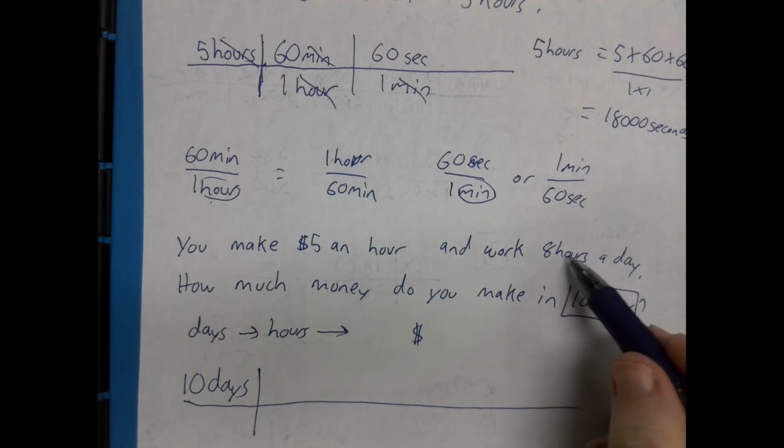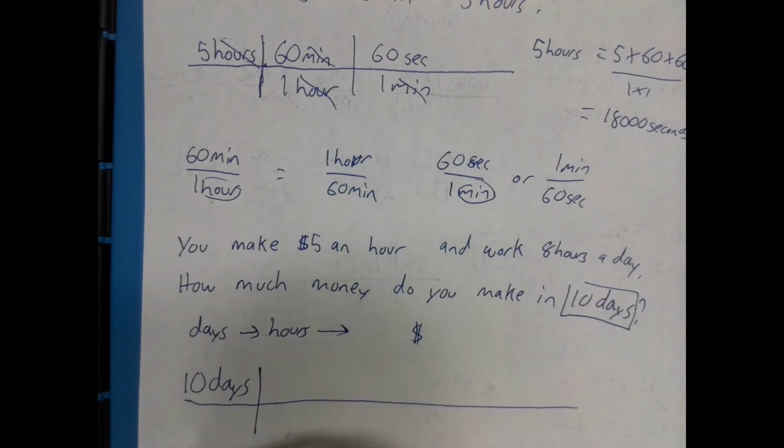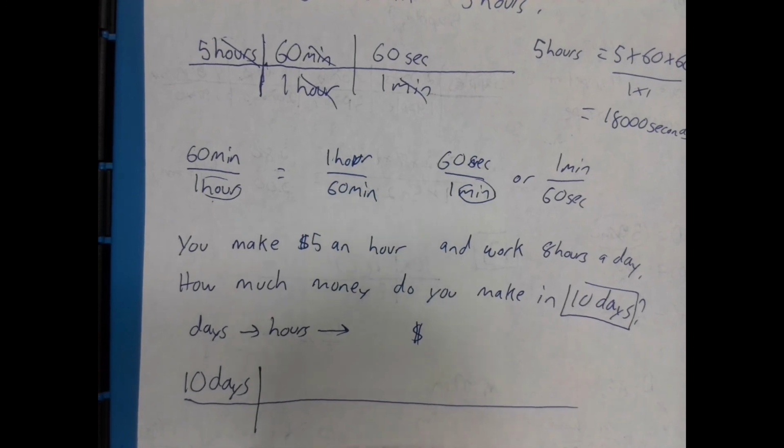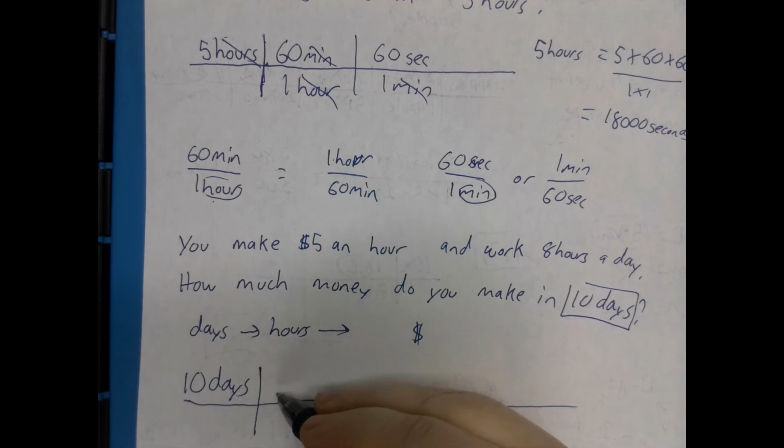We know that there are 8 hours in a workday. So again, you can put 8 hours per one workday, or one workday is 8 hours. We want to cancel out days, so we choose the one where days are on the bottom.